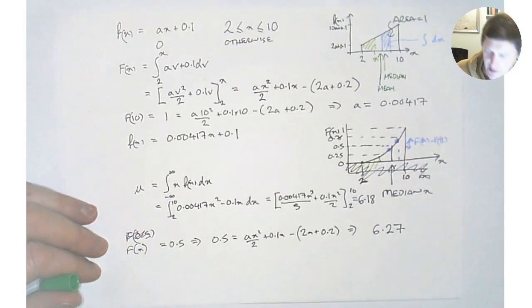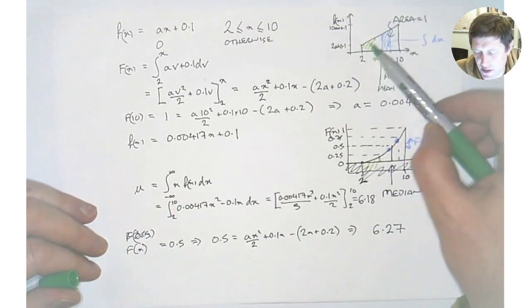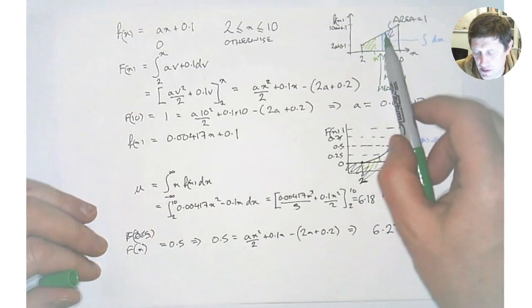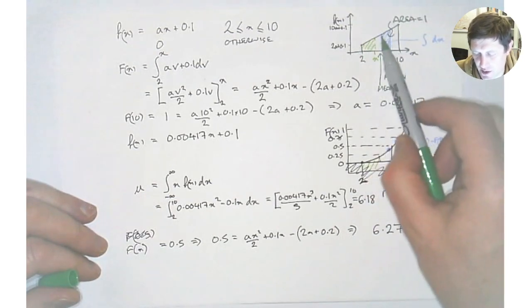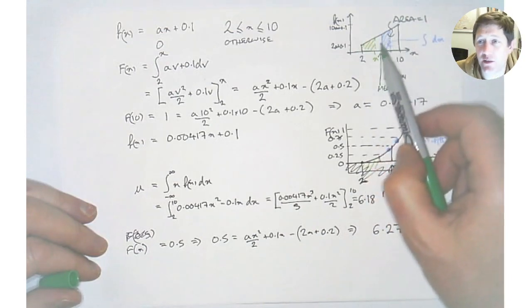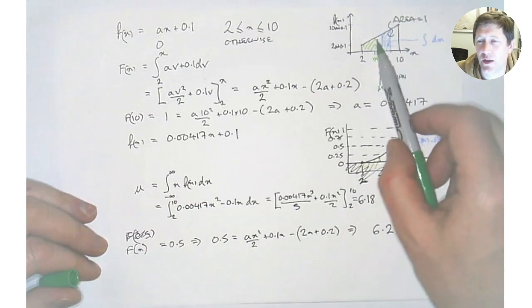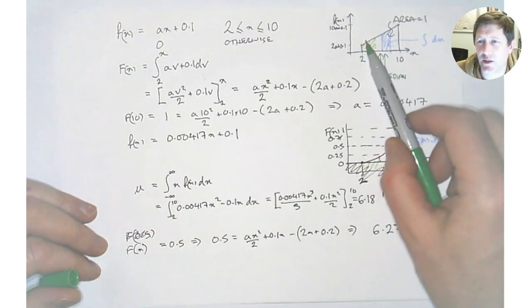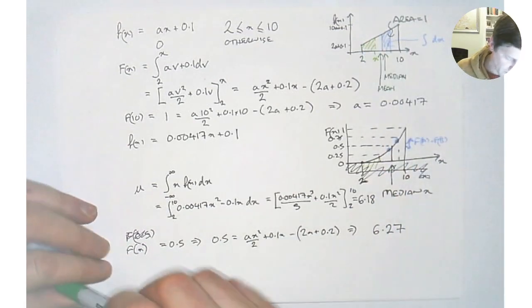So let's just check that that makes sense. Well, looking at this, is this symmetrical data? No, it's not. It effectively has a tail down at this end. That's where the data is sort of trailing away. And we know that that should drag the mean in that direction, and that's what we found. The mean is to the left of the median. In this case, it's smaller than the median. And that's because of this tail down here, which is tending to drag the mean down a little bit. So that makes sense.